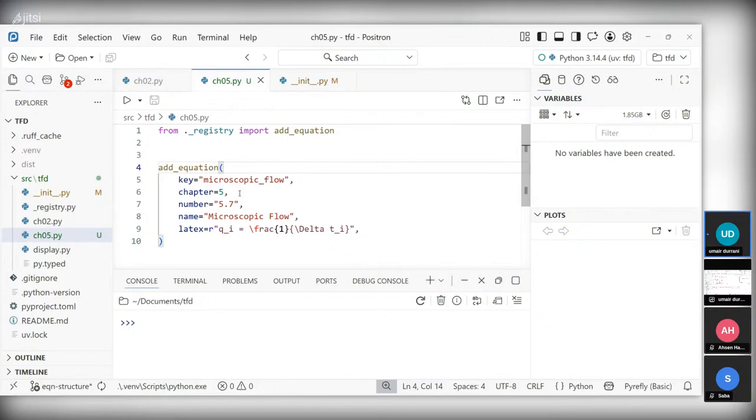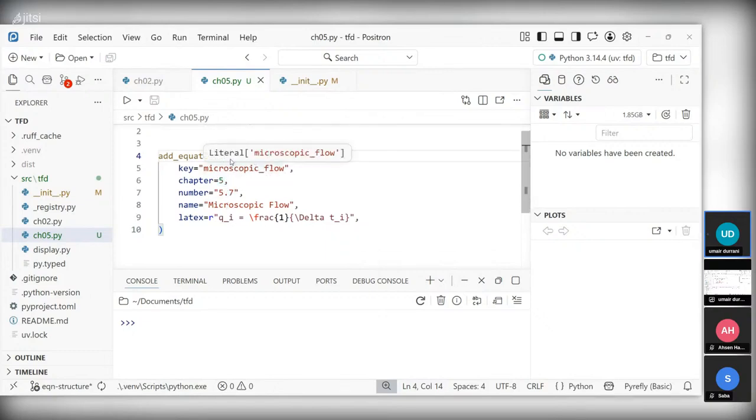Go to GitHub and add these equations whenever you can. With the add equation function, we provide the key, microscopic flow, which is essentially the name as well, but this is easy to use in the show function. And then this is for chapter 5. This is 5.7. And this is the LaTeX in raw format for that equation.